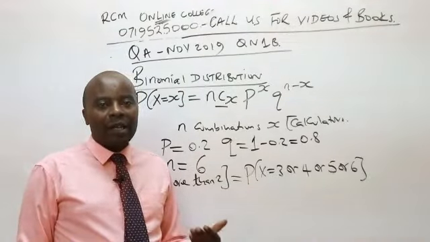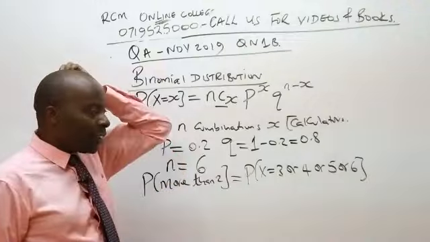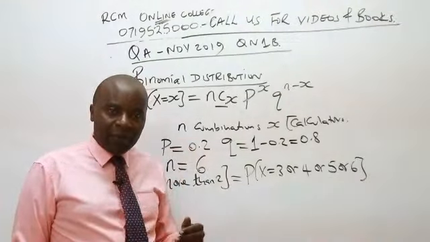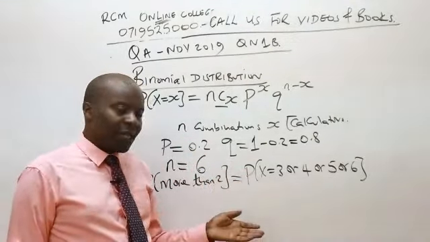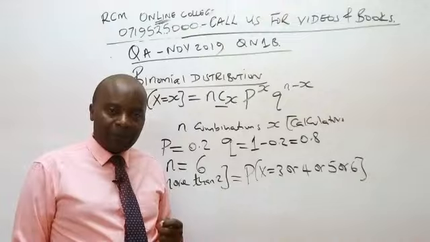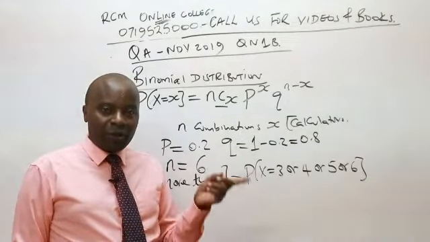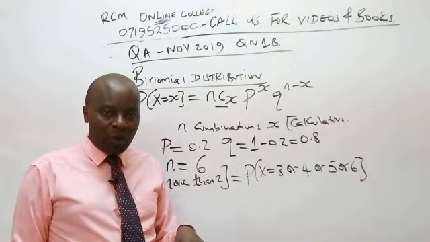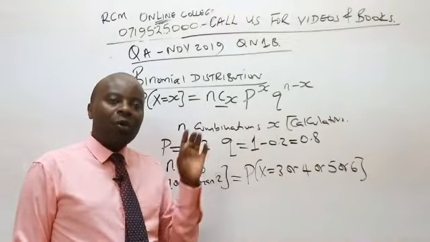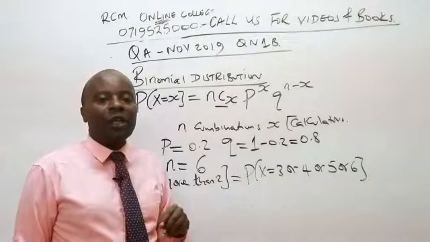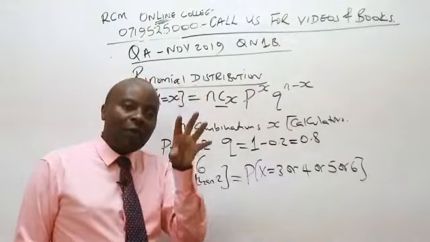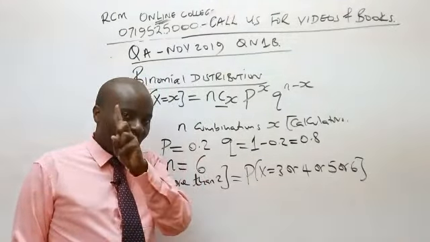Now, ladies and gentlemen, using this concept of mutually exhaustive events, if you look at all the possible outcomes that we have, there are many types of outcomes here. There is that scenario that we may not get any consultant being absent. Probability of X being equal to 0. Then we have probability of X being equal to 1. Then we have probability of X being equal to 2. And then now we have all these events. Now, if they are collectively exhaustive, we expect that when you add all those events, from probability of X equals to 0, all the way to probability of X equal to 6, we need to have all those probabilities summing up to 1.